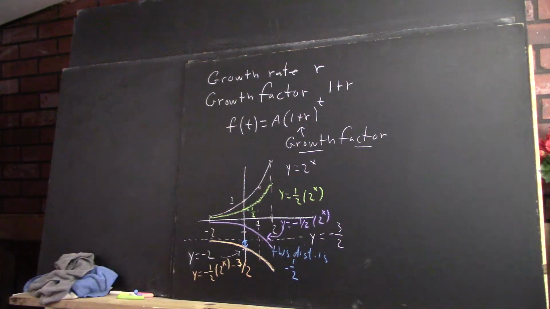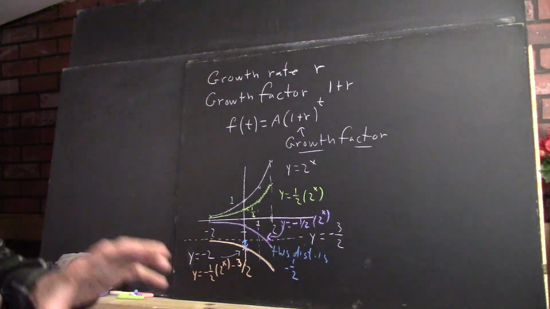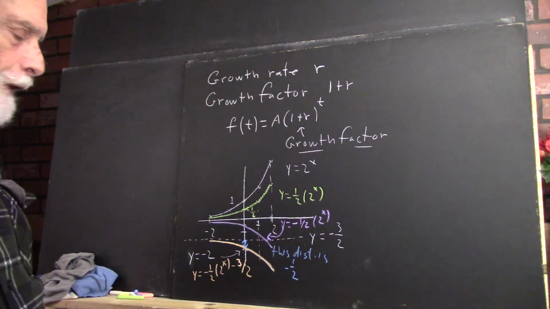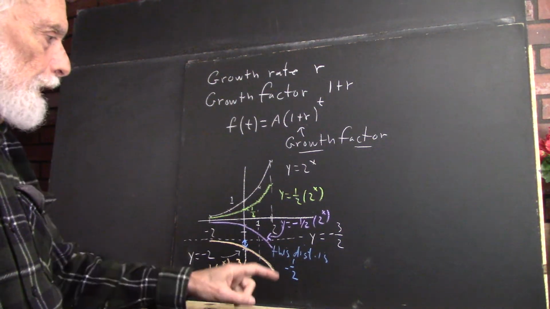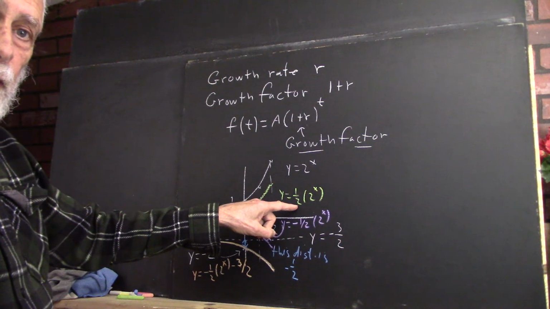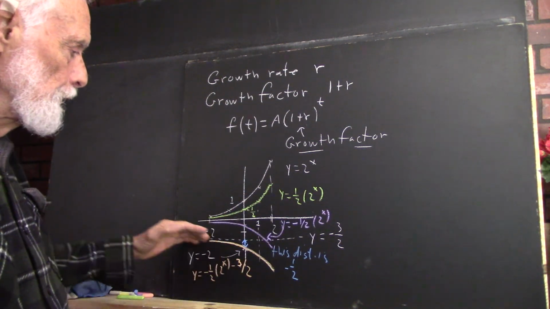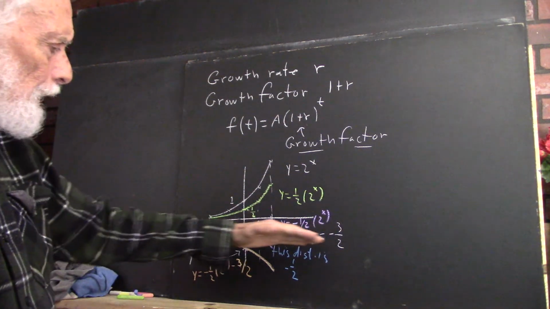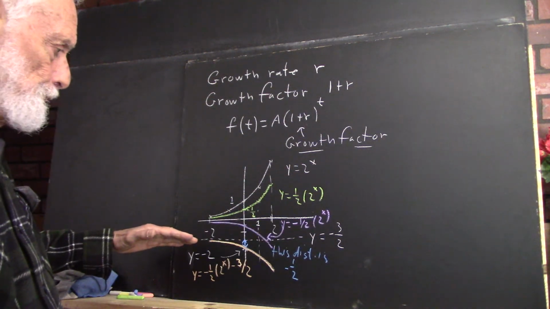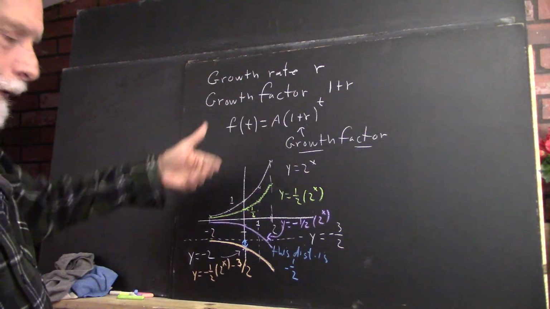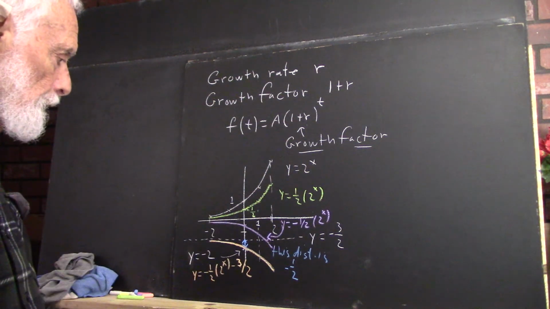So these are just the sort of things you can look at on an exponential graph. Mainly, you get the coefficient out in front by how far the y-intercept is from the horizontal asymptote, and whether it's above or below the horizontal asymptote.